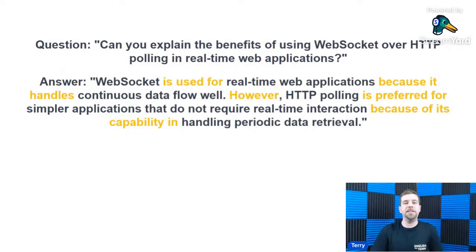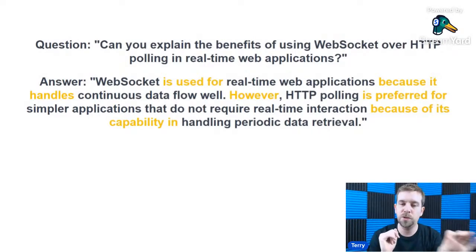Question, can you explain the benefits of using WebSocket over HTTP polling in real-time web applications? Okay, WebSocket is used for real-time web applications because it handles continuous data flow well.